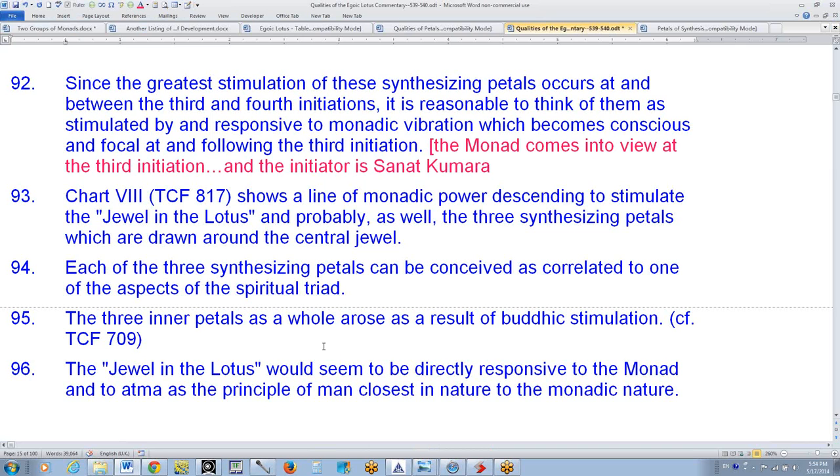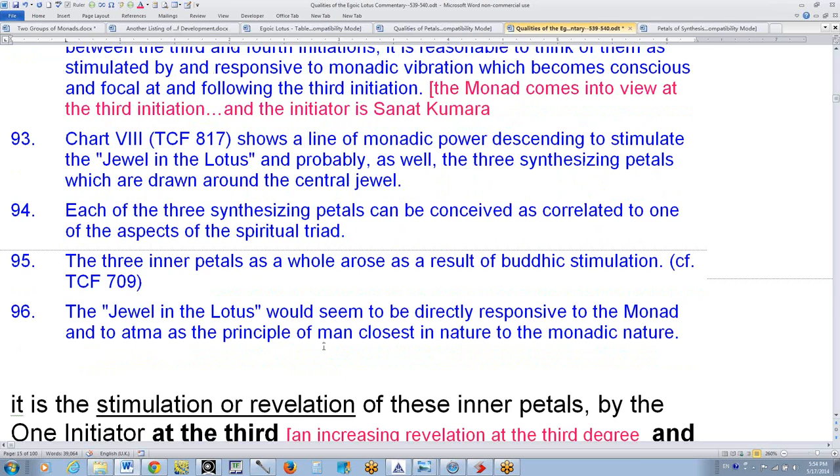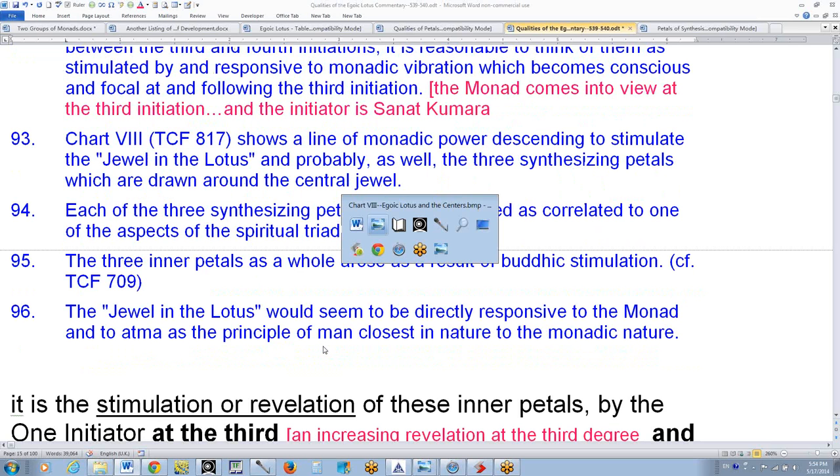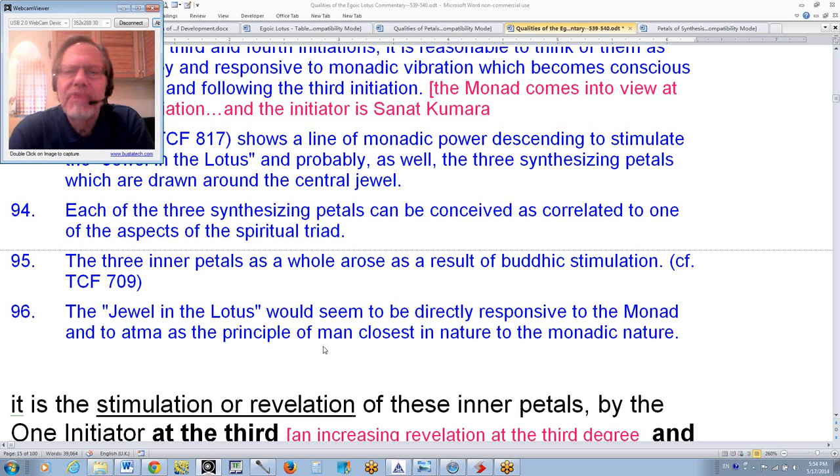So then the jewel in the lotus would seem to be directly responsive to the monad and to Atma, as the principle of man closest in nature to the monadic nature. So Buddhi is directly related to the 3 synthesizing petals, but they are also stimulated by the downflow from the monad directly.